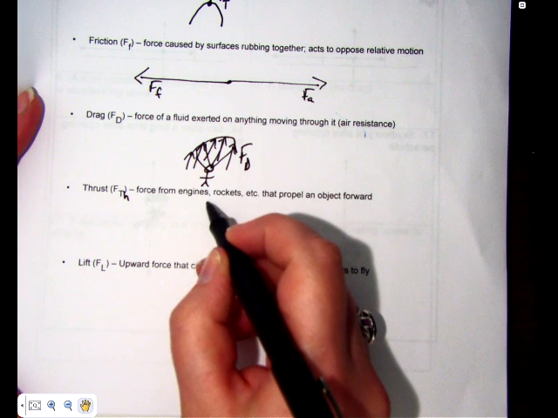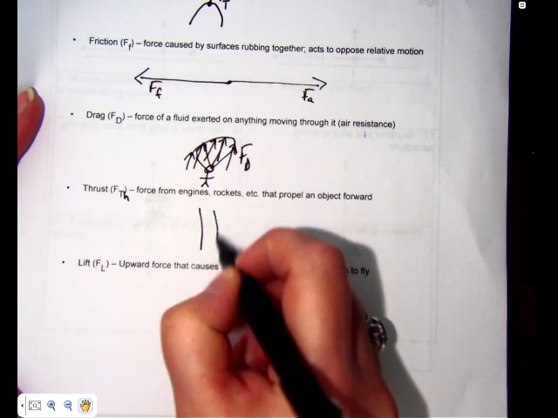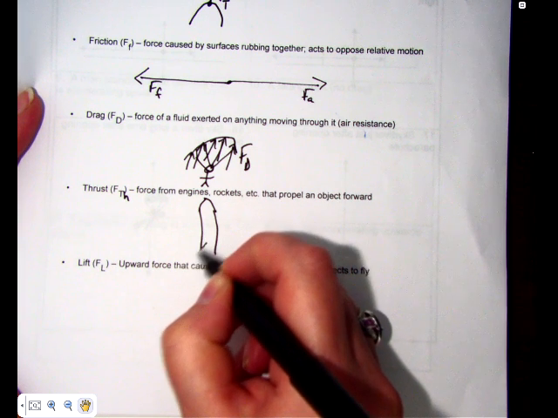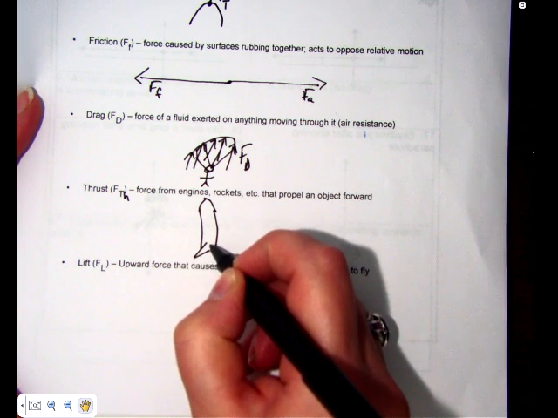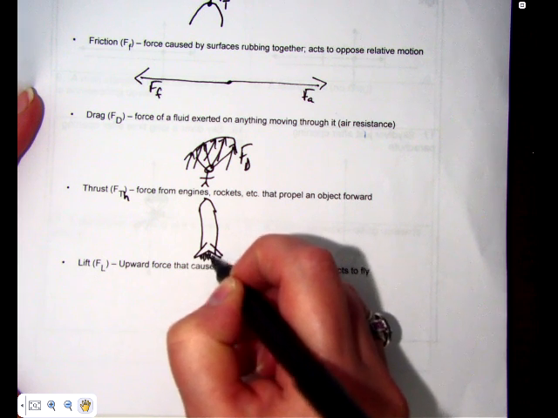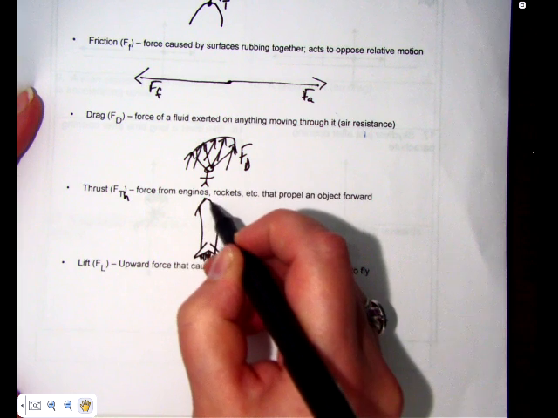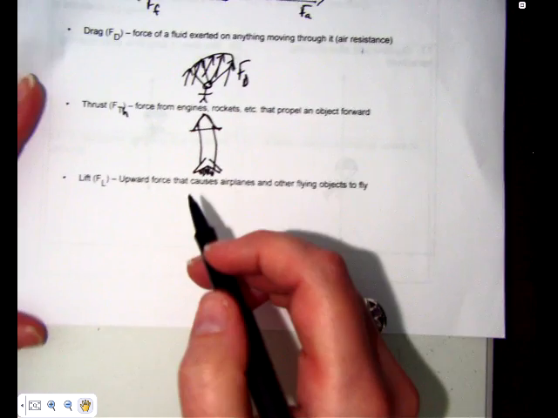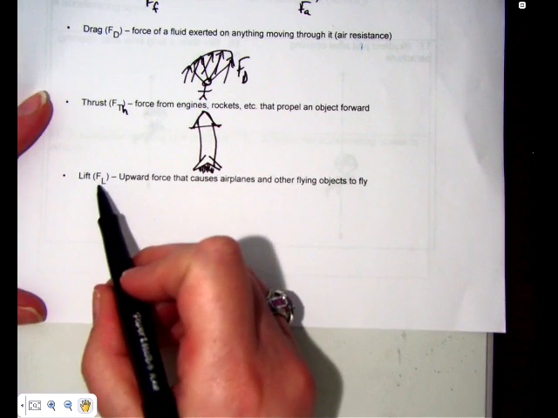So again, I'm not an artist, but if you were to have the thrust, it's coming from the engines. That's your rocket. And then F sub L is lift.